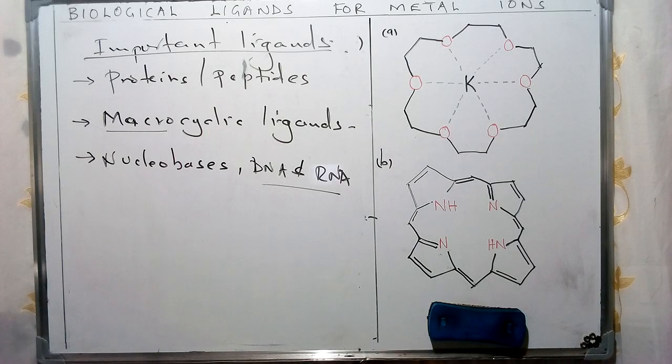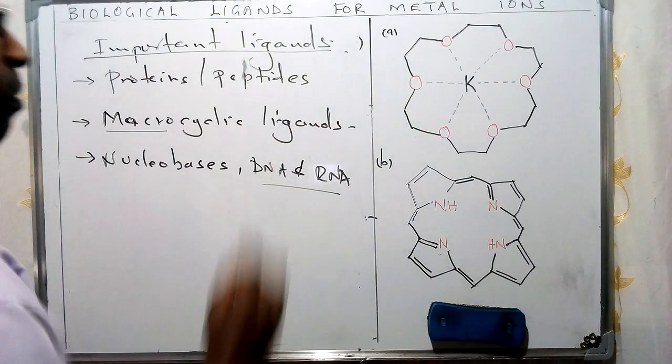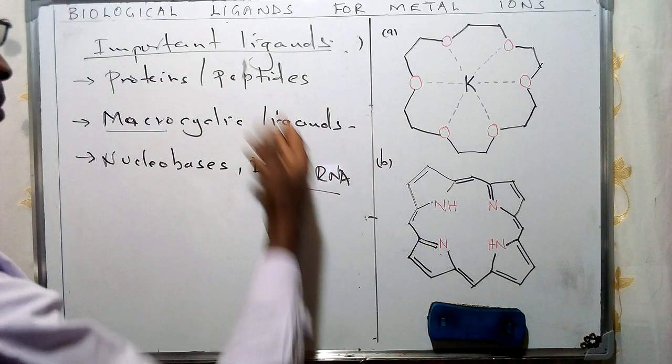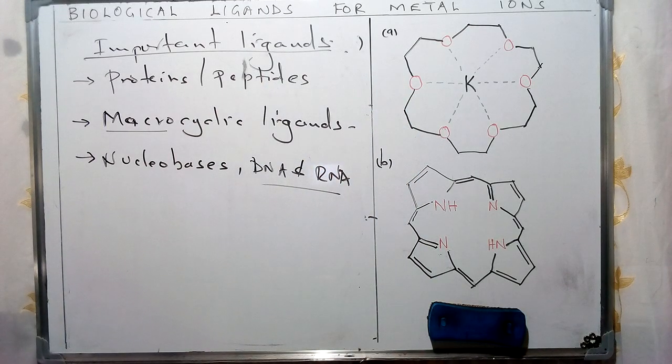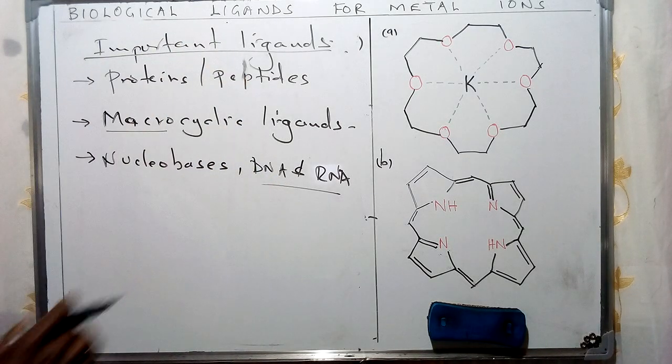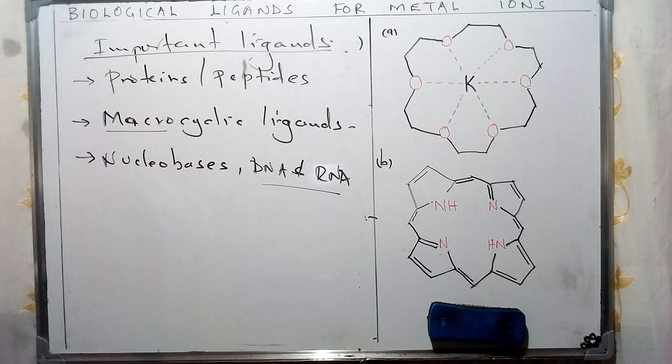In this case, I've drawn 2 illustrations on the right side of the board, examples of the ligands which we're going to come across. The first figure constitutes what we call a macrocyclic ligand.